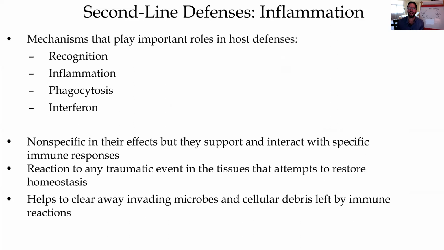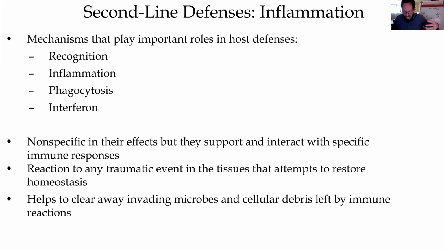Once you've broken through your first line of defense with your skin, you get an injury. They're going to be the ones that come to that injured site and start initiating an immune response. And that's why if you get cut, it gets kind of red on the outside of that laceration. It's being inflamed.